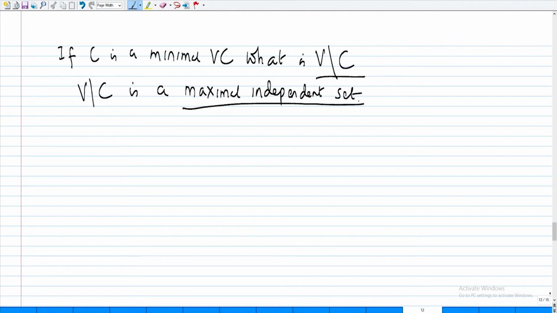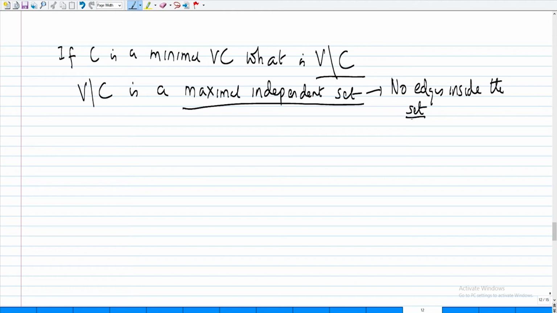If you add any one vertex to the set, it's no longer an independent set. So the focus is on the word maximal. Independent set is only jargon; it means no edges inside it. Fine. So this is a small property.